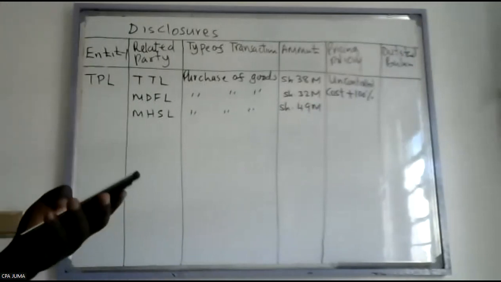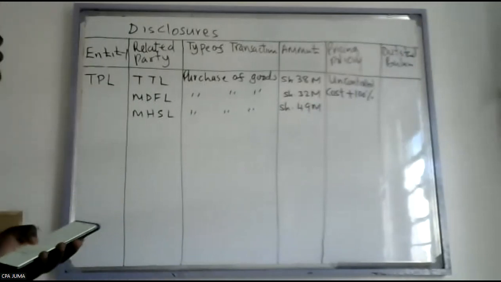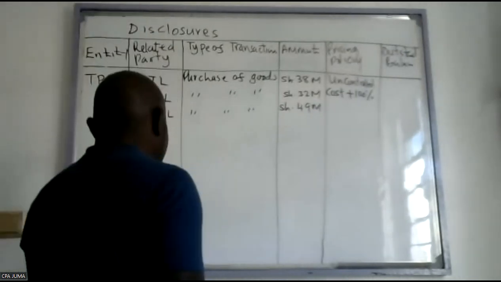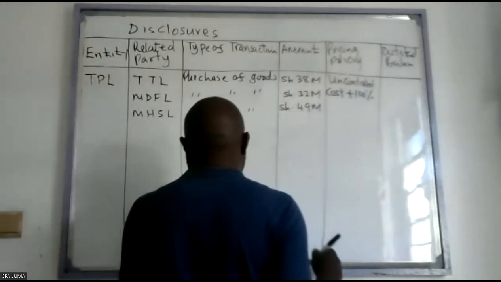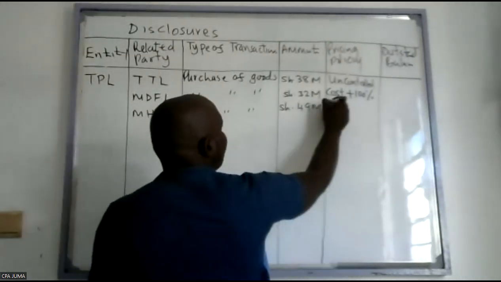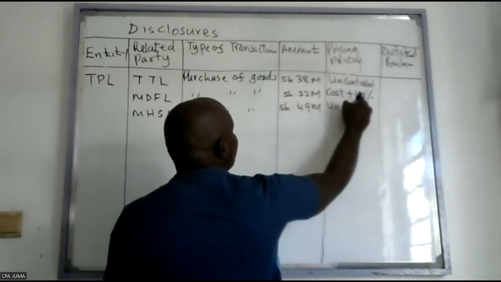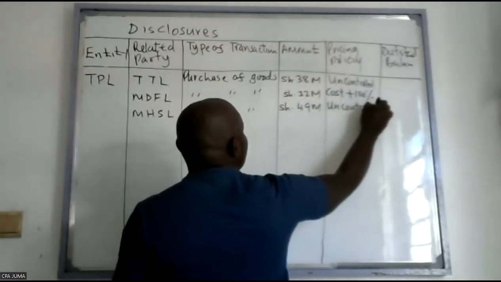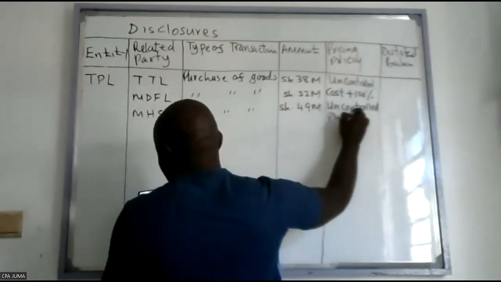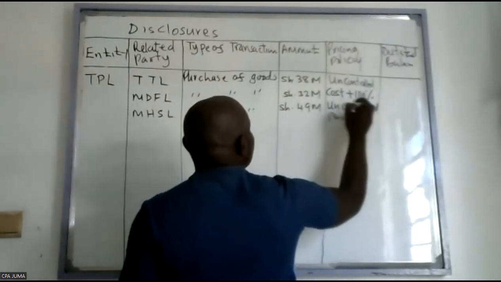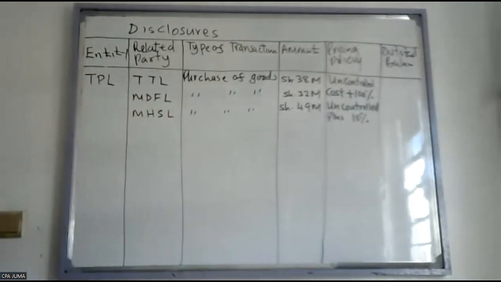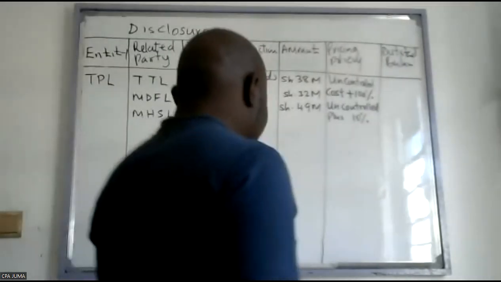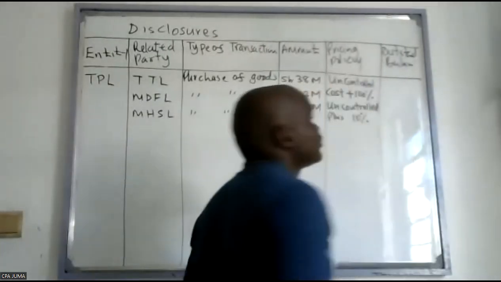Other consumers is none of our business. You check how they did it. Then this other one, comparable and controlled price. So this is uncontrolled plus 10%. Uncontrolled plus 10%. You're just disclosing to the users. Then the prices which were outstanding.